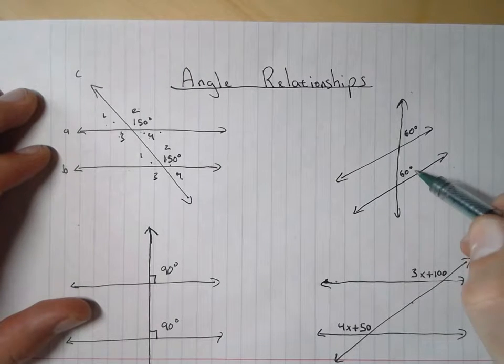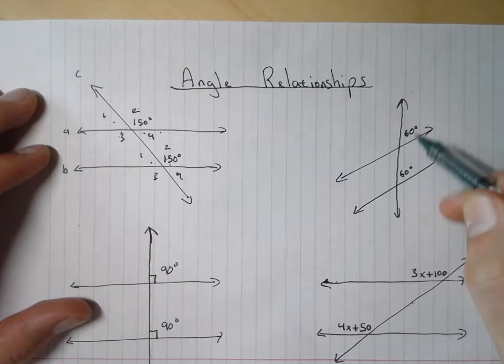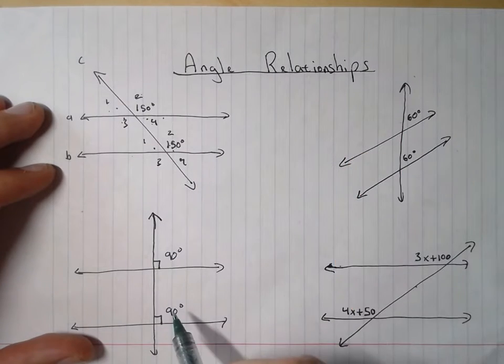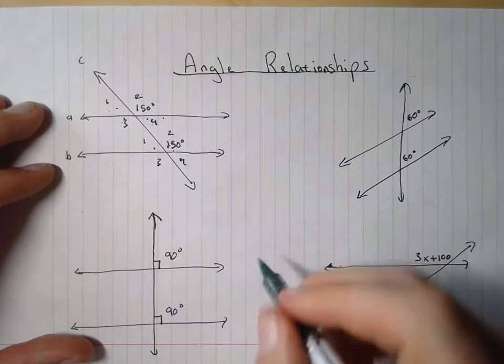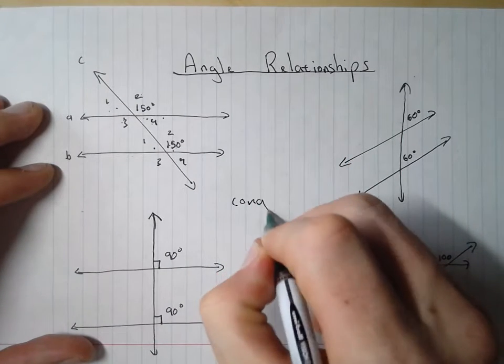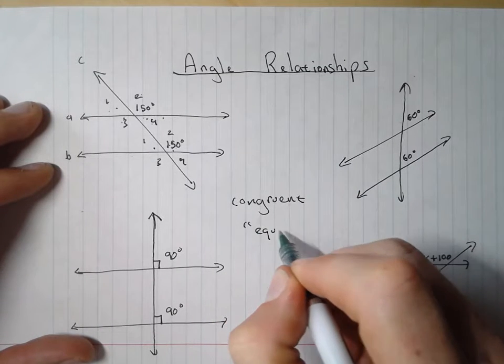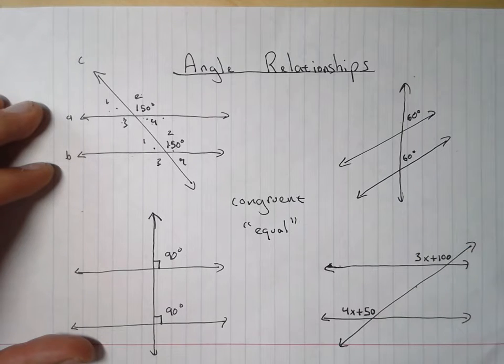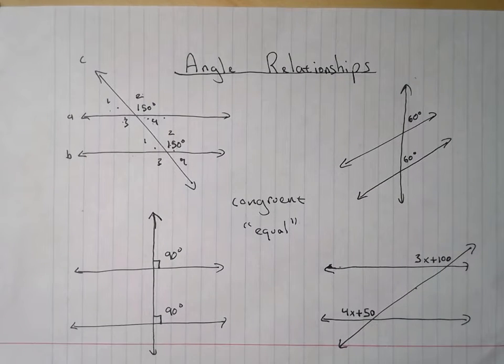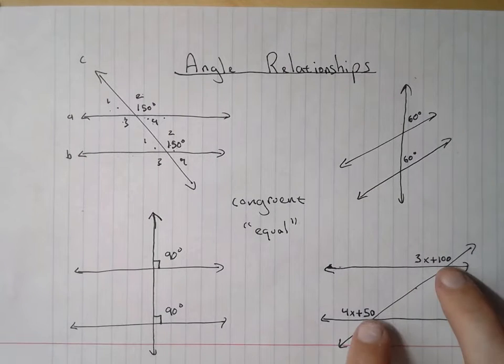And according to the pictures, we can see that corresponding angles are congruent, they are equal. So in this case, we write the equation with the two angles equal to each other.